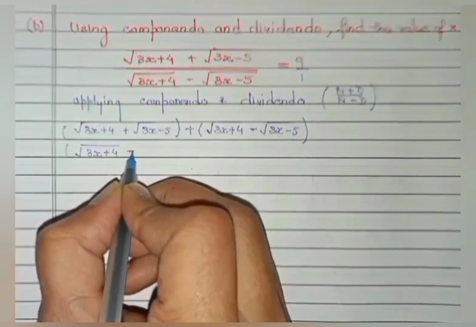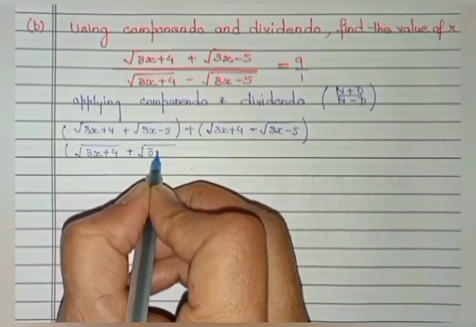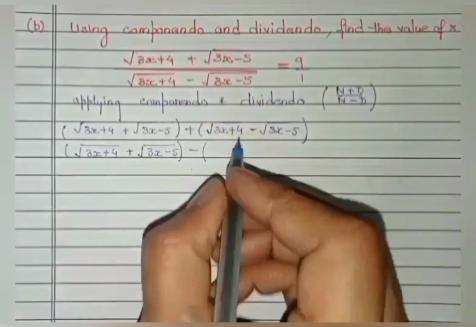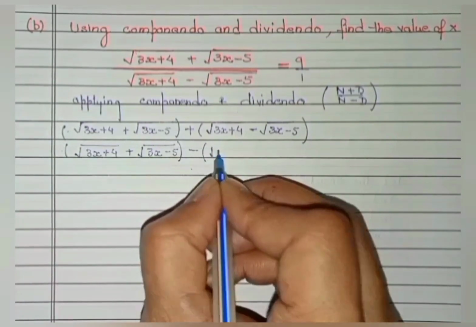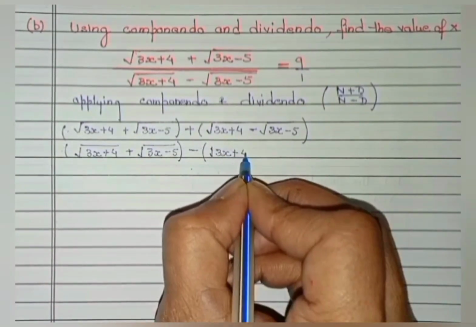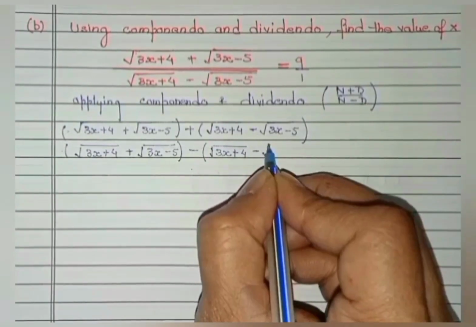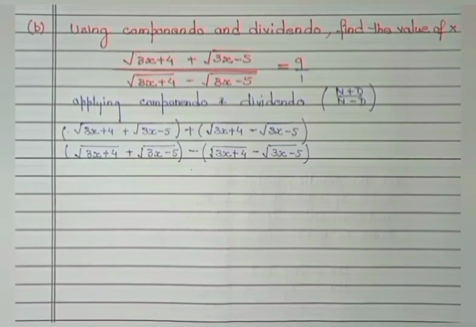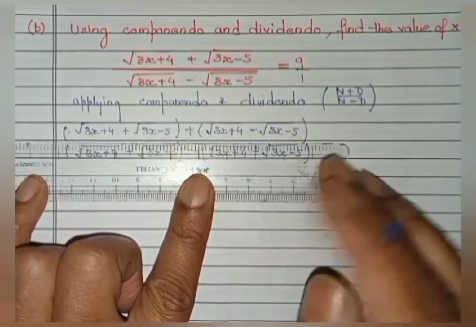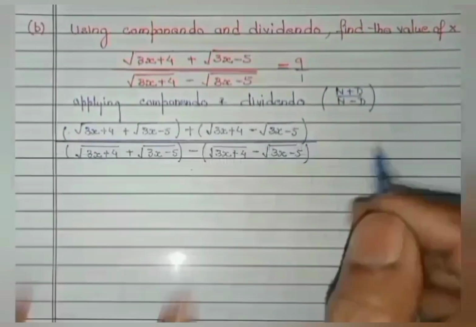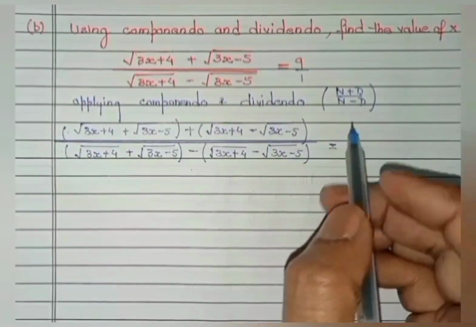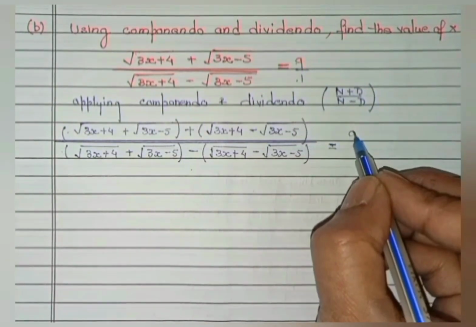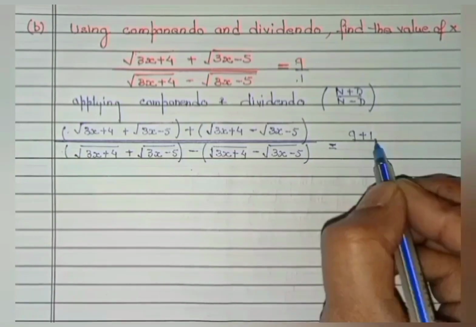So this is your numerator part, and then minus the denominator part. So see, on the left side we have applied componendo and dividendo. Now you have to apply it on the right side also. On the right side, 9 is the numerator and 1 is the denominator. So it will be numerator plus denominator.